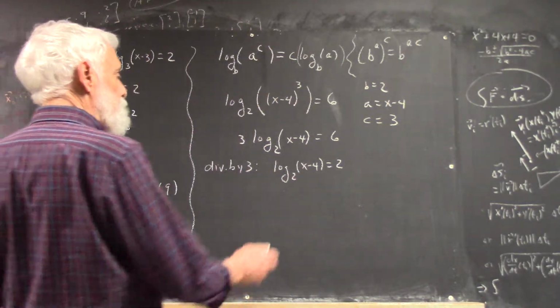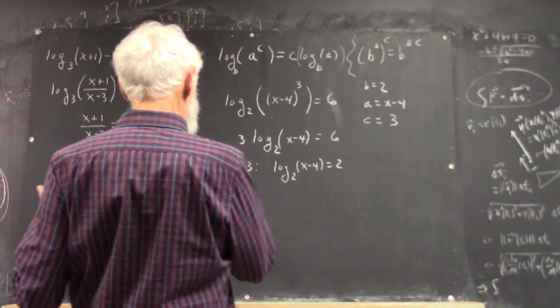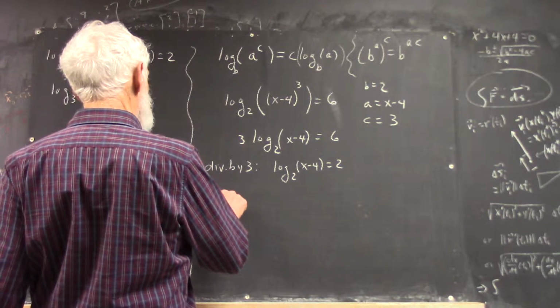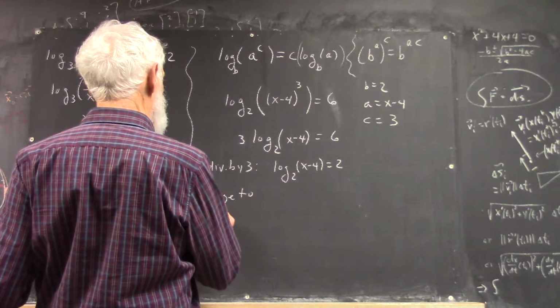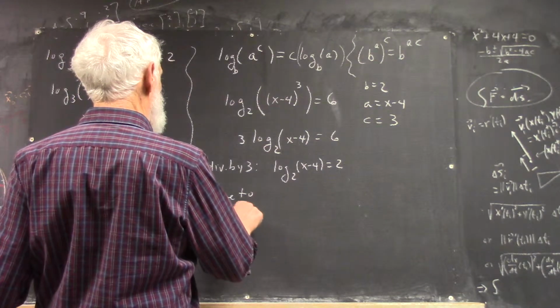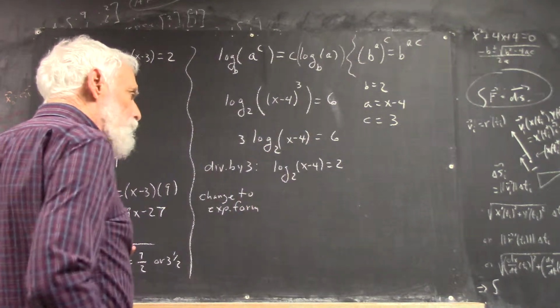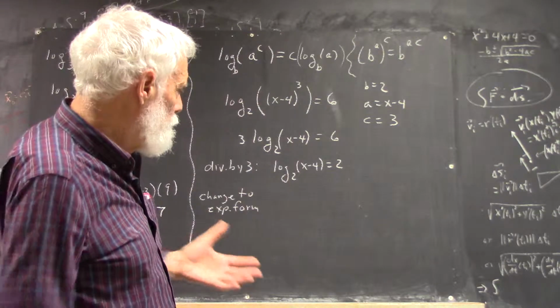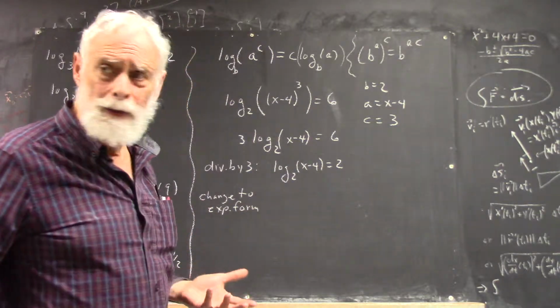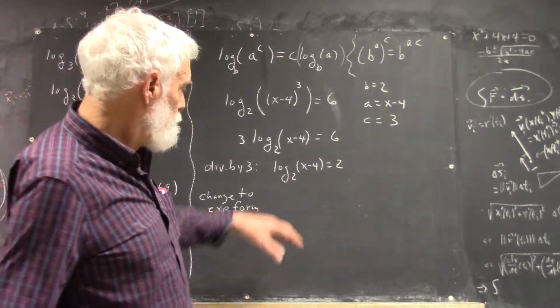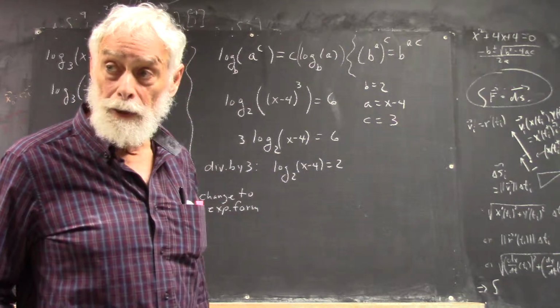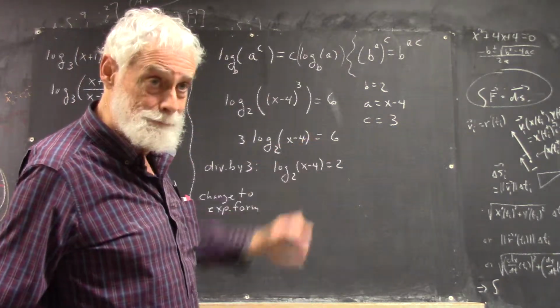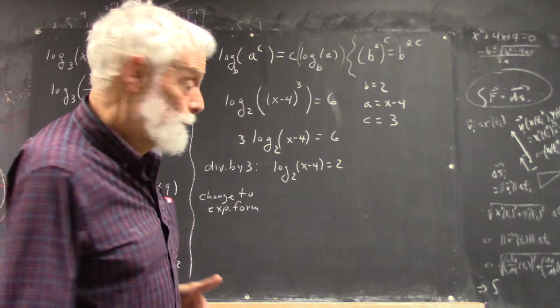Okay, and then we change this. Now by now, of course, it's been a couple of weeks since I had you do one. We just had a test where you had to do it. It should be second nature to you to change logarithmic form to exponential form once you have it in the form that can be changed.